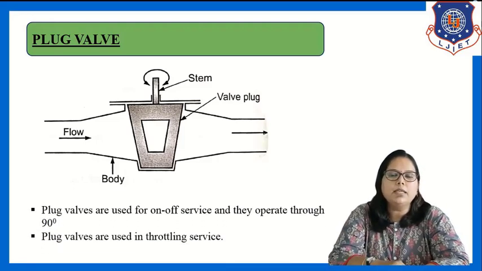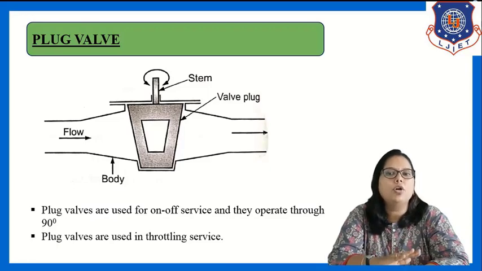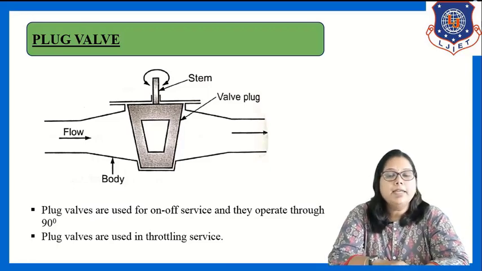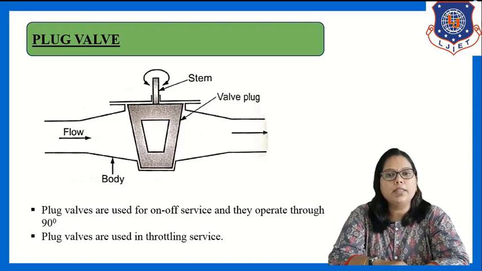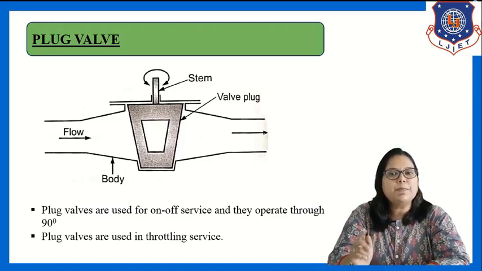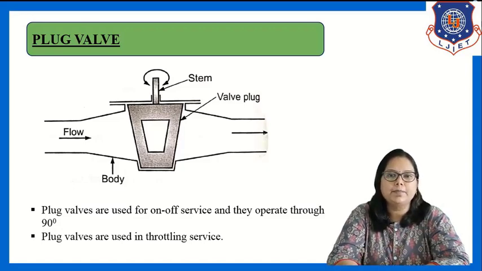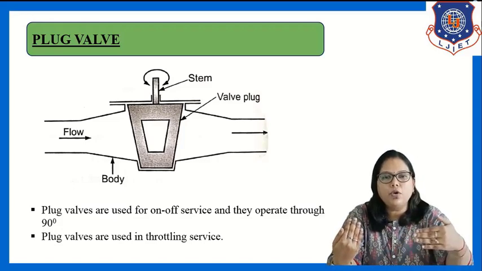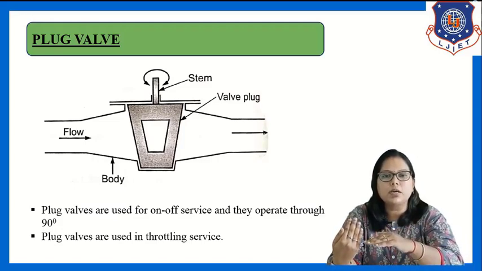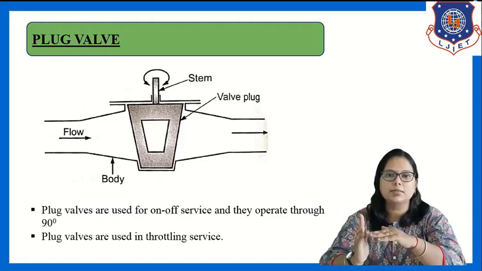This plug valve is again used for on-off service. It is not used for controlling the flow rate. These plug valves are used for on-off service and they operate through 90 degrees. As you can see in the figure, the valve plug position is like this and it is in closed condition. When the flow is coming in this direction, the valve plug position shifts from this to this.